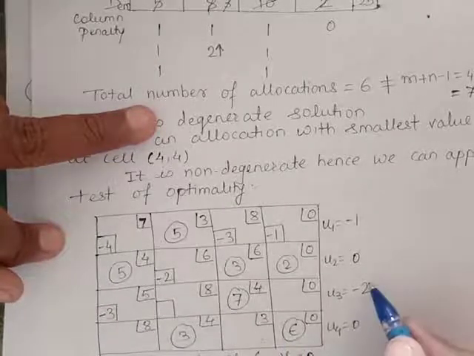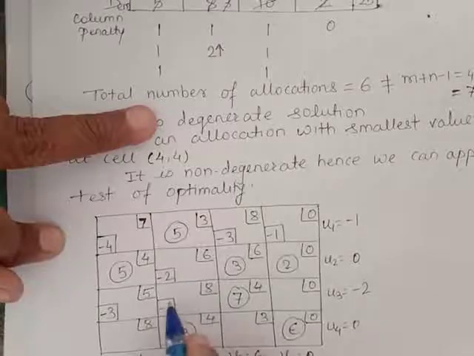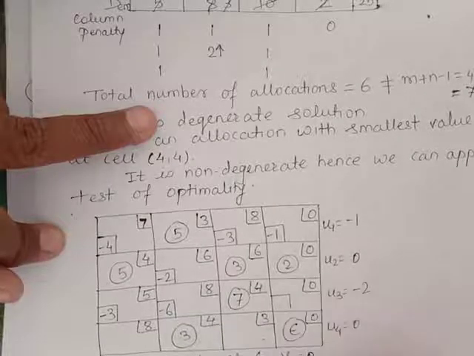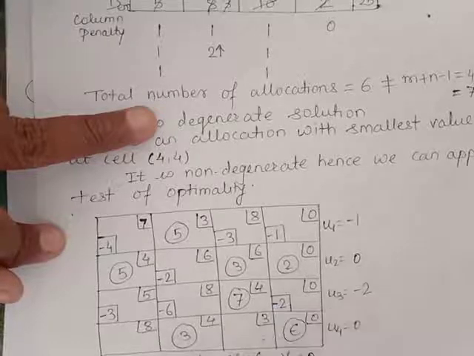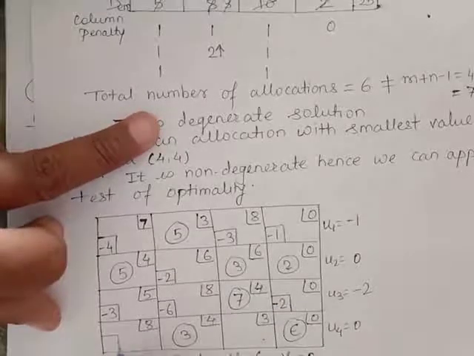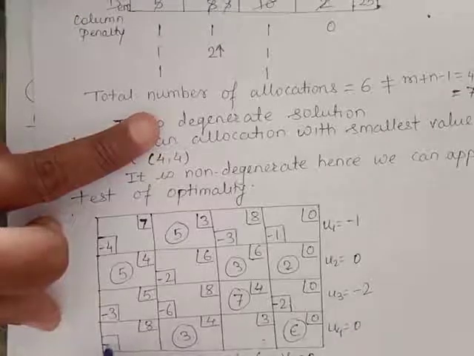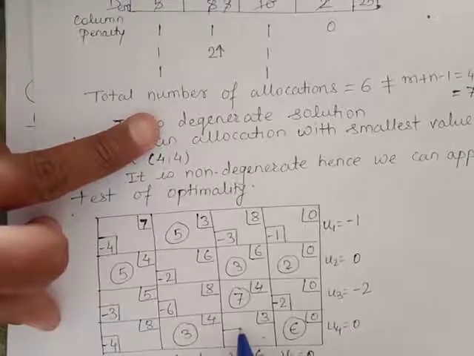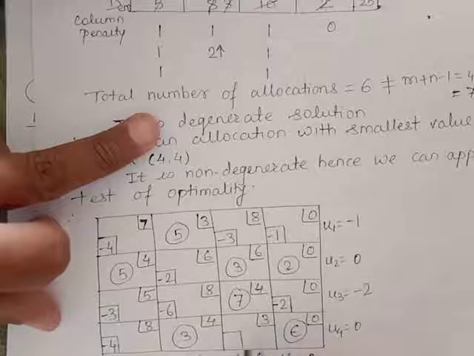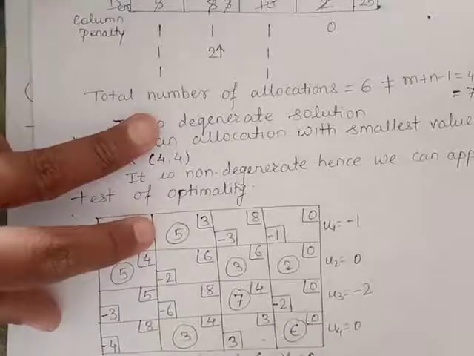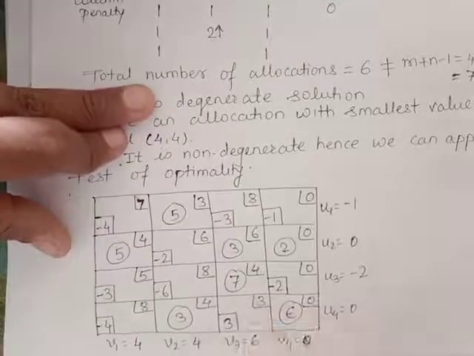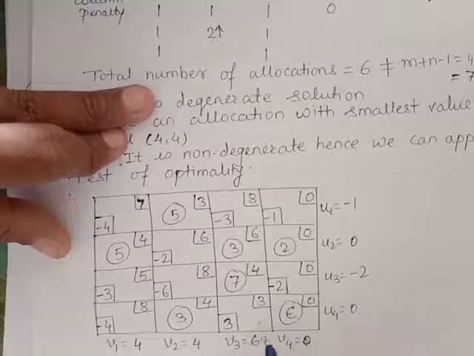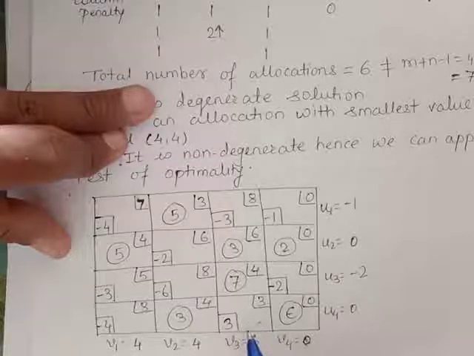Here it is 2 minus 8, so minus 6. Here it is minus 2. Here it will be 4 minus 8, so minus 4. What about this? This is 6 minus 3 will be 3. So here we get a positive delta ij. So this is not an optimal solution. Remember this is not an optimal solution.